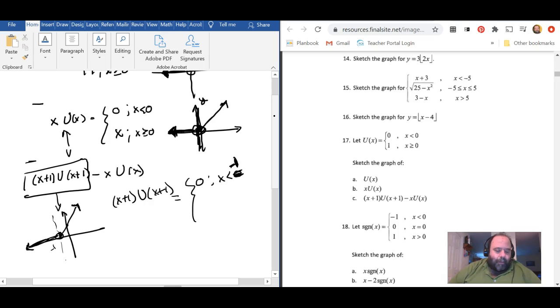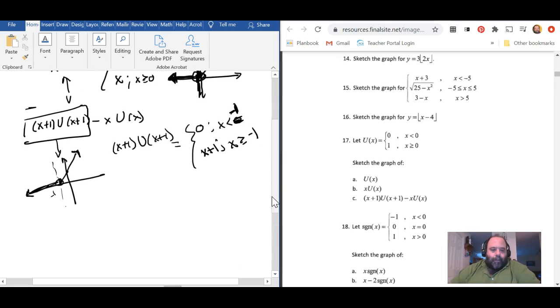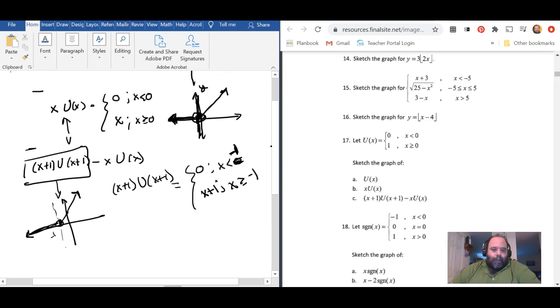And now it's x plus 1 when x is greater than or equal to -1. So that should get me that graph shifted 1 to the left. Okay, so now I've got this weird situation here because I now have this minus this.